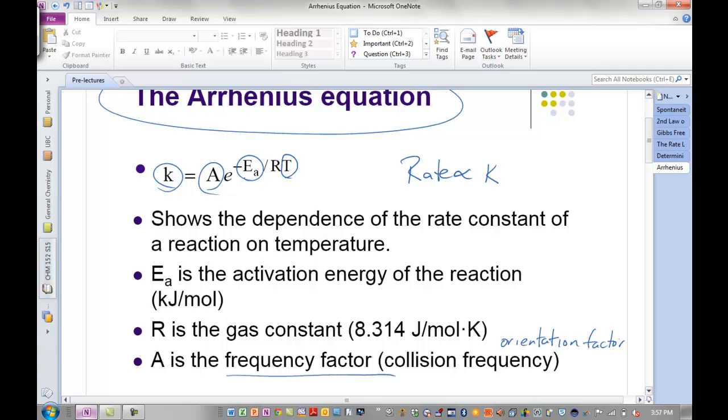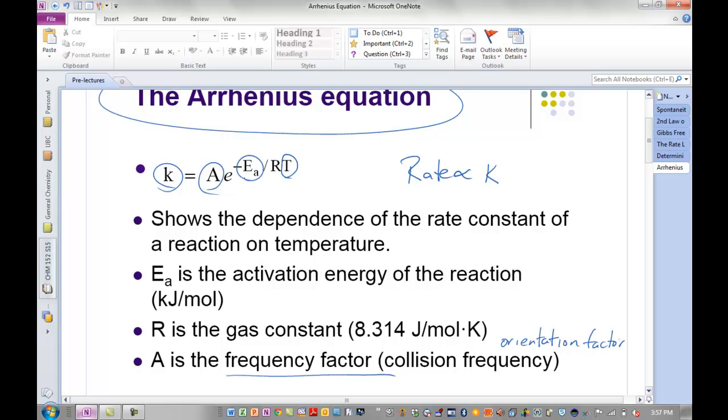So not only must molecules collide, they must collide with enough energy, the activation energy, and in a lot of cases they have to collide with the correct orientation. So that orientation and the collision frequency are together in this frequency factor.